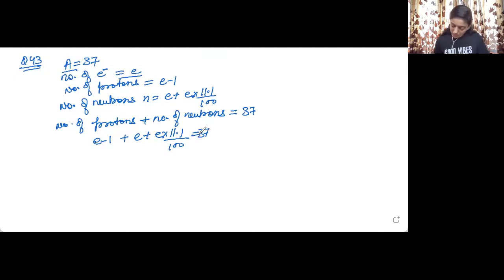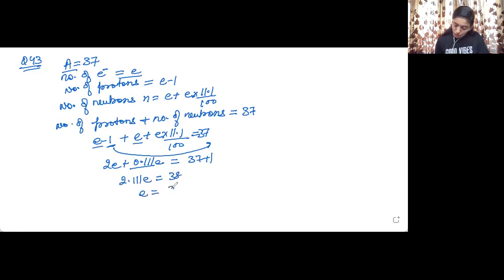So we can write E plus E, 2E, plus 0.111E is equal to 37 plus 1, taking this one on the other side. So we can calculate E from here. 2.111E is equal to 38.